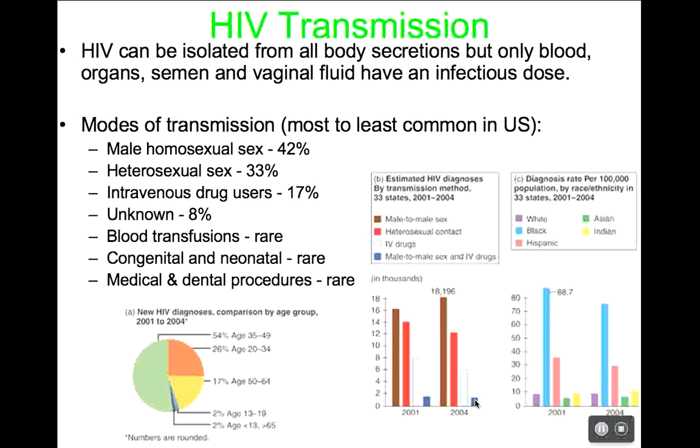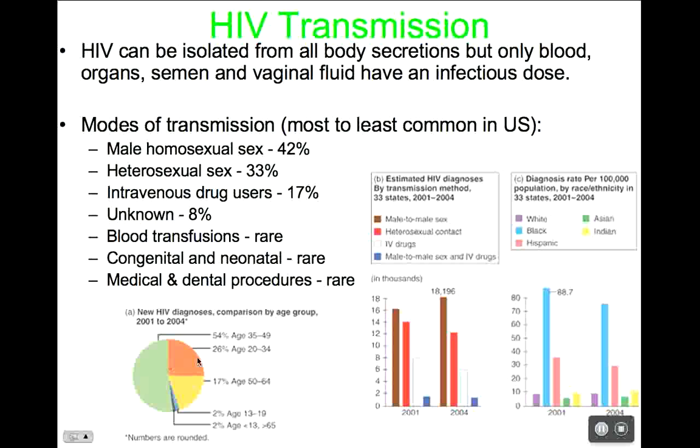Also, if we look at diagnosis, if we look at the epidemiology, we can consider the age group of the individuals. In this picture, they're showing age group here in green. The main majority of cases, diagnosis occurs between the age of 35 and 49. That's what they're showing in green here.